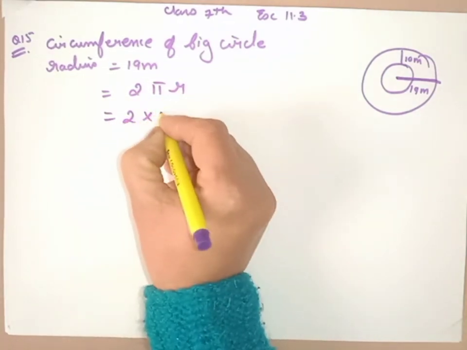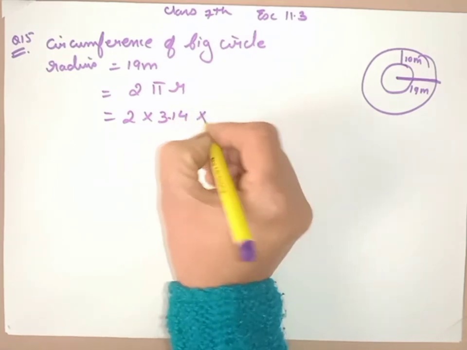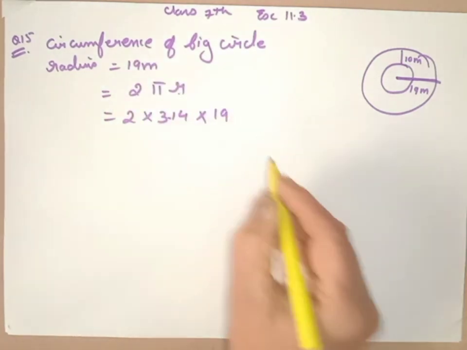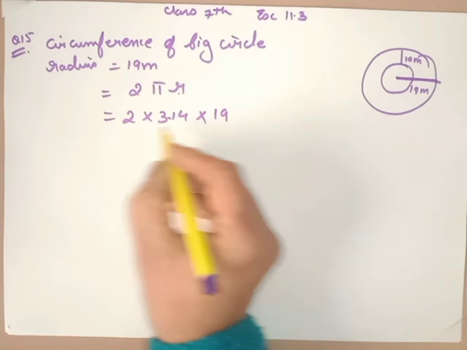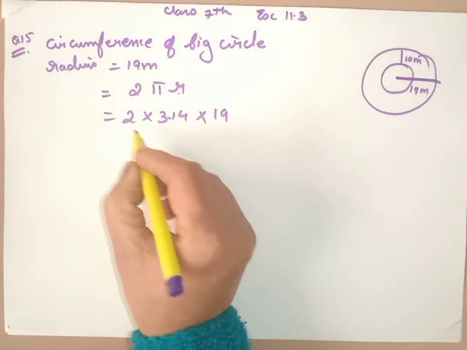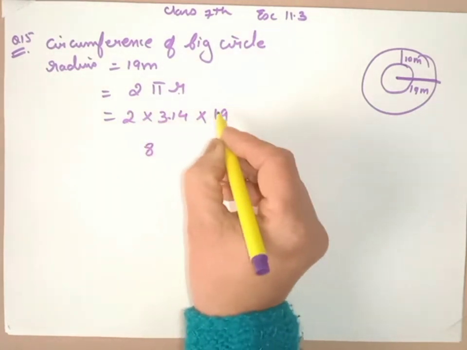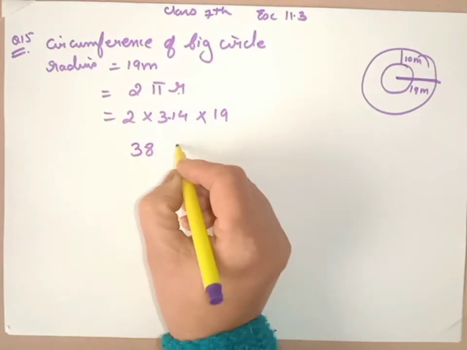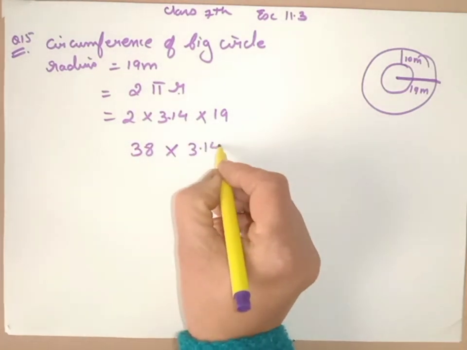2 pi, the value is given 3.14, and the radius is given 19. First I multiply 2 nines are 18, 2 ones are 2, so 38 into 3.14.